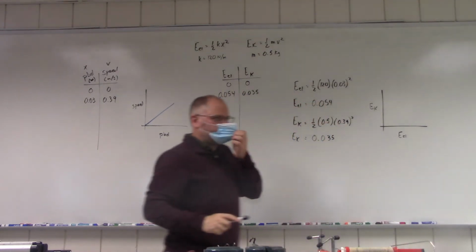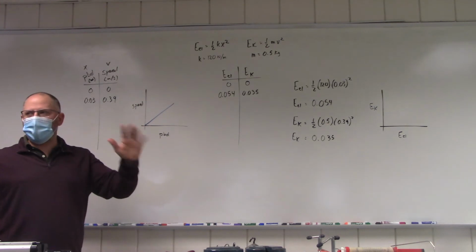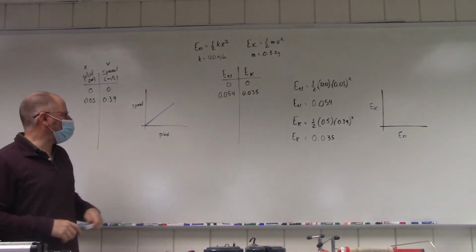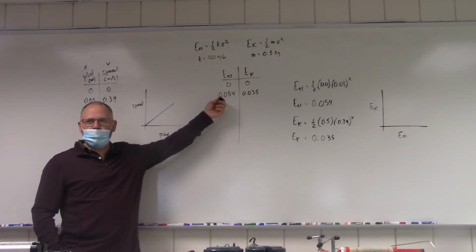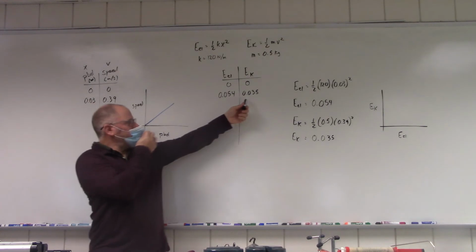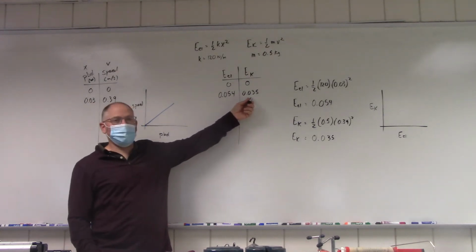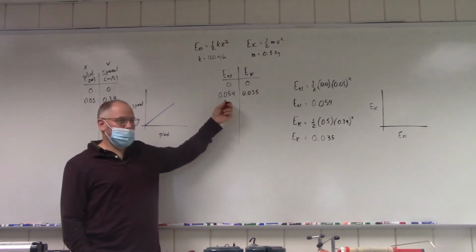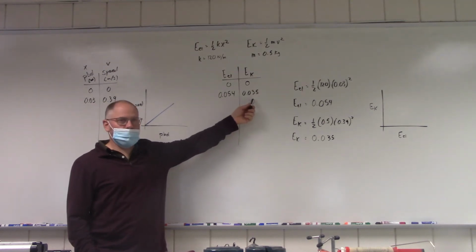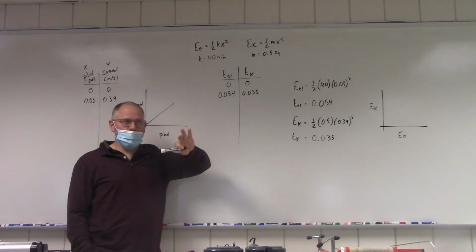For this first data point, how much elastic energy did you put into the cart in the spring? 0.054, correct? And then how much did you measure later on? 0.035. You put in 0.054 and you got out 0.035. You with me on that?